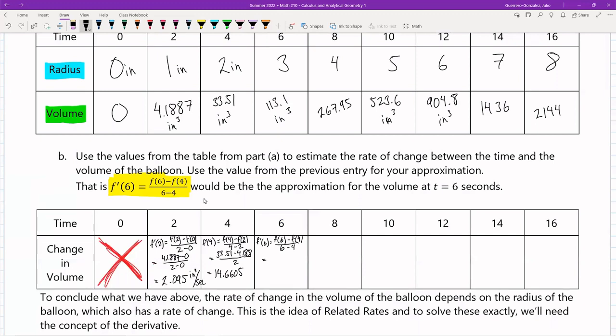According to our table above, it should be 113.1 minus 33.51 all over 2. And this should be equal to 39.77. I'm going to go ahead and write one more time: inches cubed per second.